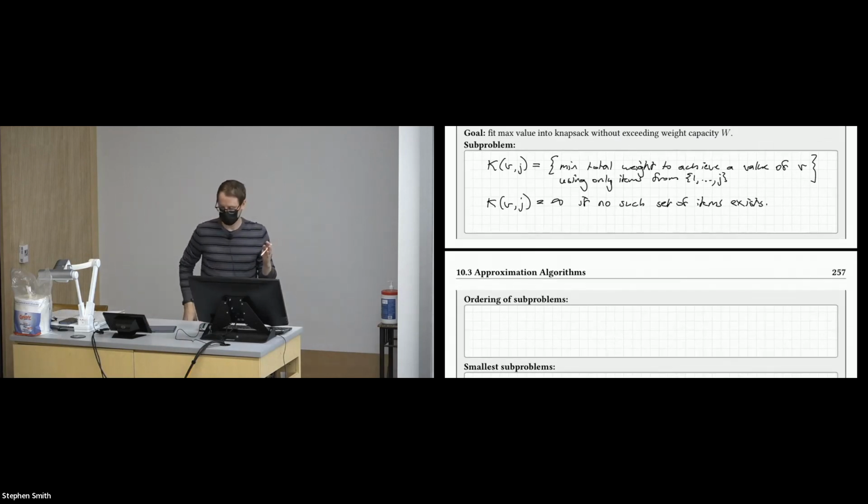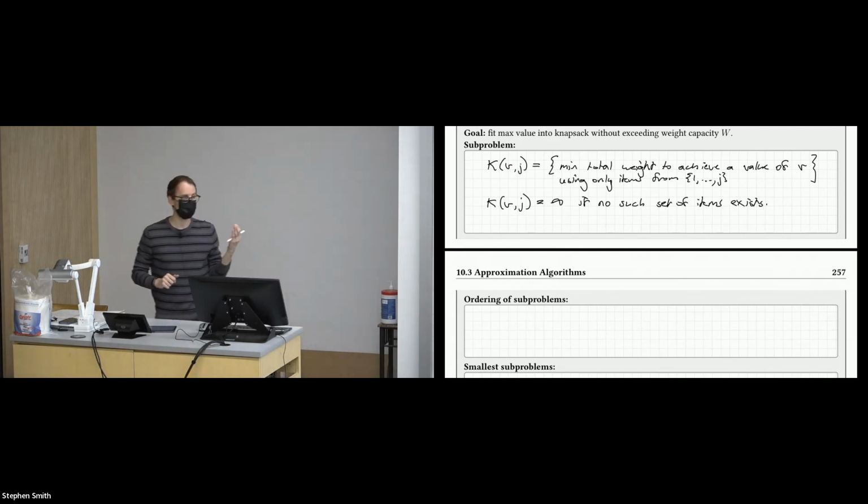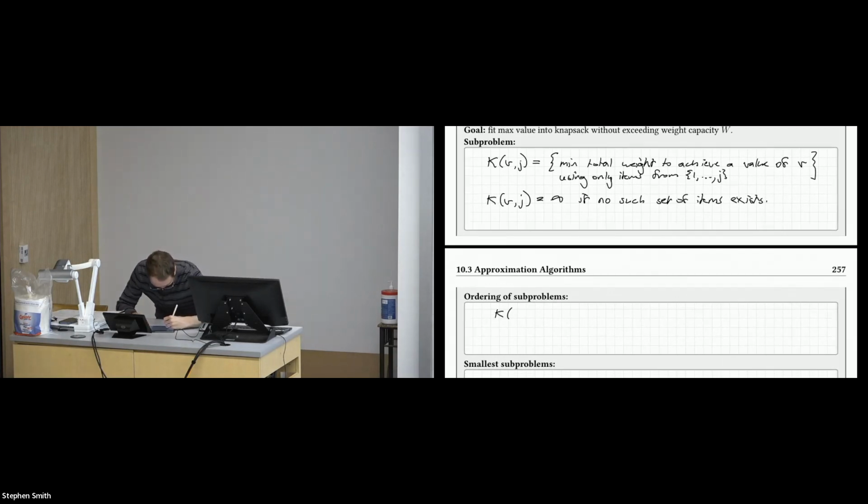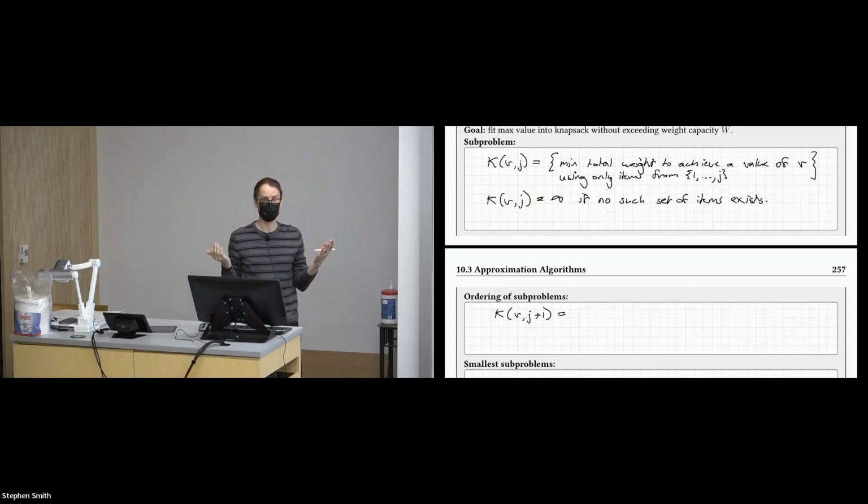Now my ordering of subproblems, or my recursion, looks very similar to what we had before, where I just consider, let's suppose I add in one more item into consideration, item j plus 1, and I want to update my best solution. So let's write K(V, j+1) recursively. There are two options, just as before.